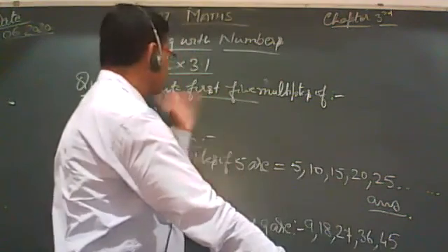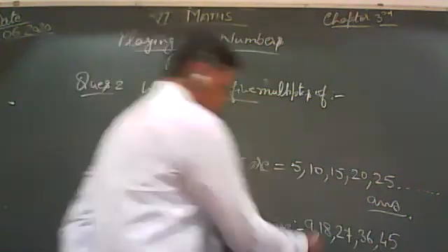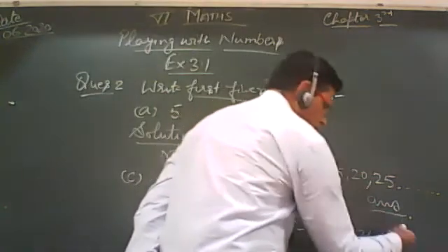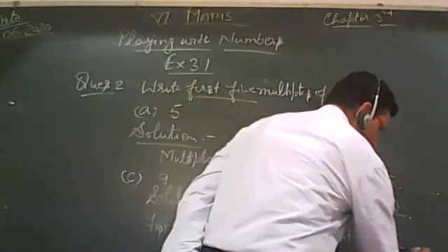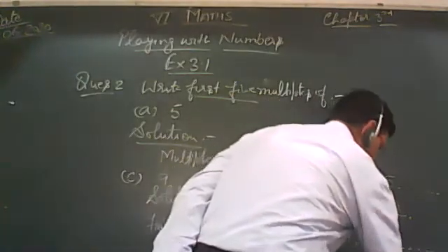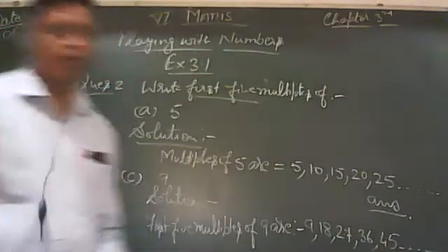In this question 5 multiples are given, all the 5 multiples are right, but multiples are infinite, so you show dash dash dash. Okay, and that is our answer. It is clear.